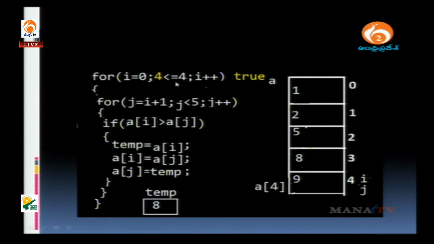4 less than or equal to 4, which is true. Next, for j equal to i plus 1, i means 4 plus 1, that is 5. 5 less than 5, which is false.